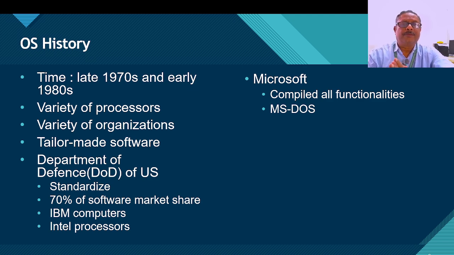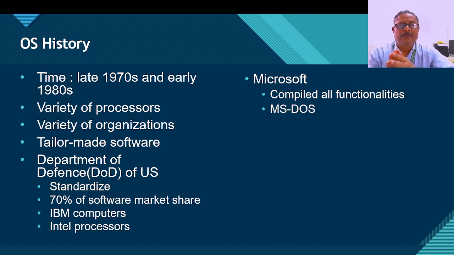So Microsoft conquered the world by compiling all the functionalities available to work with, and they wanted to target the major market, and the major market was the Department of Defense, which used IBM computers.